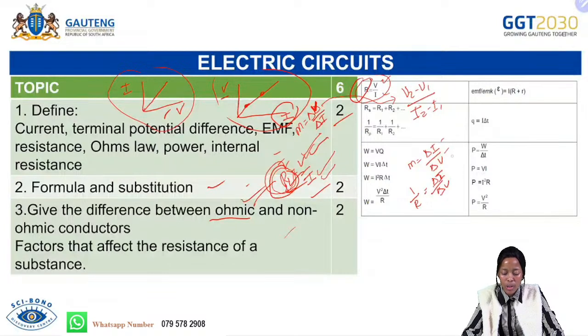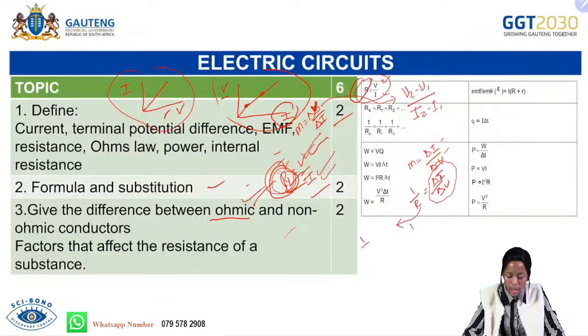So on this graph, if they now say calculate the resistance, you are going to calculate the gradient. Once you get your answer for the gradient, 1 over R, let's say your answer for the gradient is 2. You are going to cross multiply.